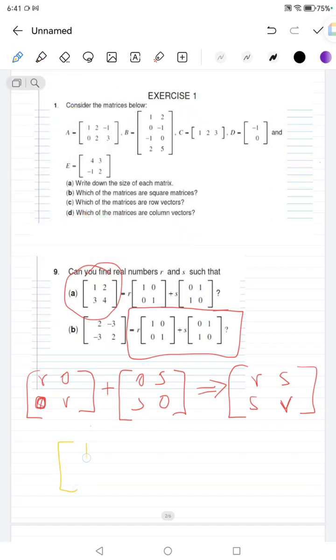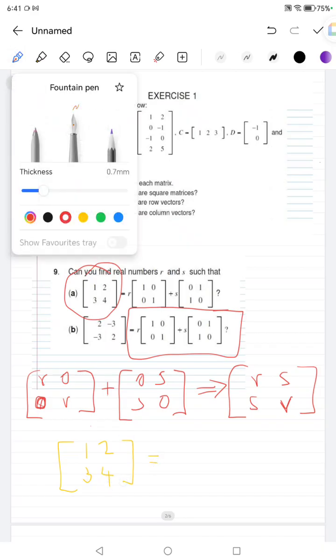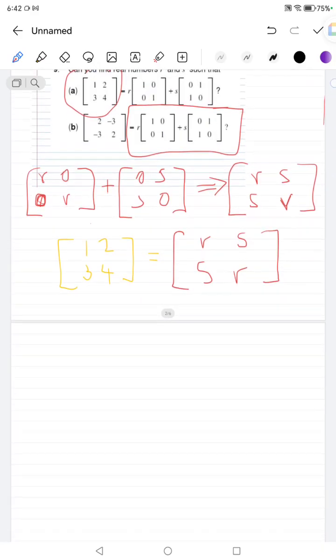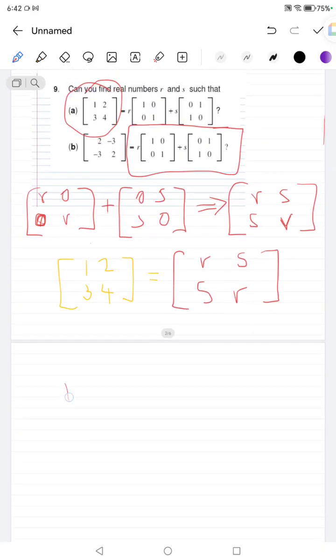You have 1, 2, 3 and 4, which equals this one that you have worked out: R, S, S, R. So the final answer: R equals 1, S equals 2, then S equals 3, then R equals 4.